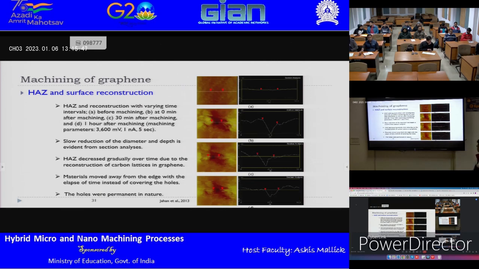Okay, now you see here, we were able to get a much sharper image. So, heat affected zone and surface reconstruction. As I mentioned, we were able to see some heat affected zone for both cases by looking at the color. See, those colors don't always indicate the deposition of material.